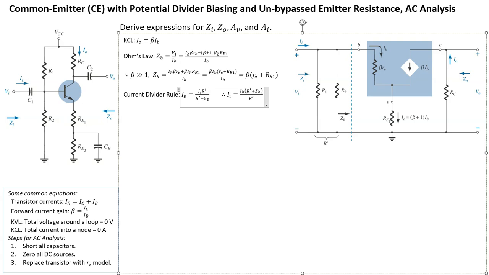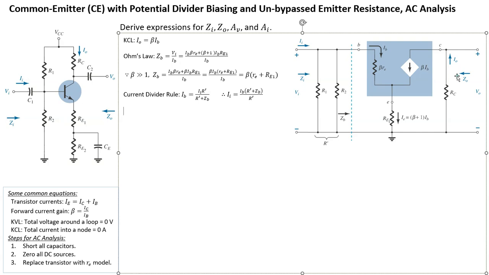All right, so let's work out the rest. Let's have a look at VO. So what is VO? Well, VO is the voltage across the output, and this is a relatively straightforward Ohm's law. V equals I times R. R in this case is RC, because that's the resistance that we can see from VO, and the current through it is IO.